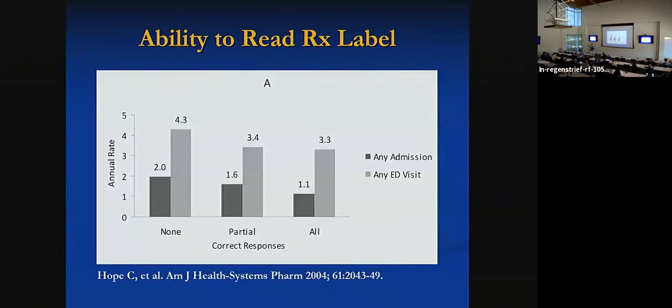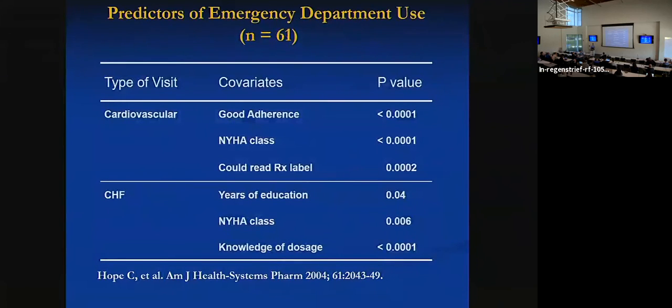Because pills, you take 1 or 2 a day, et cetera. So those that got no answers right had a much higher rate of admissions and ER visits than those that got either a partial or all of the information right. So that's the relationship between health outcomes and health literacy that we found.